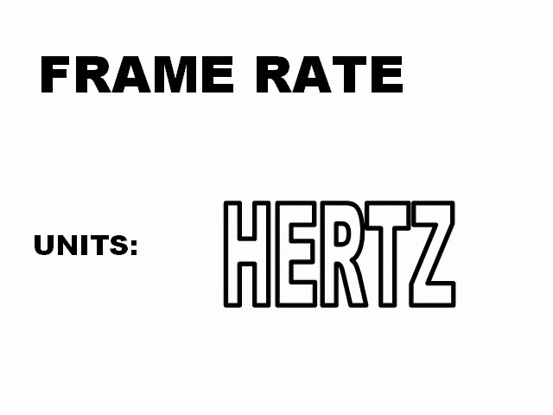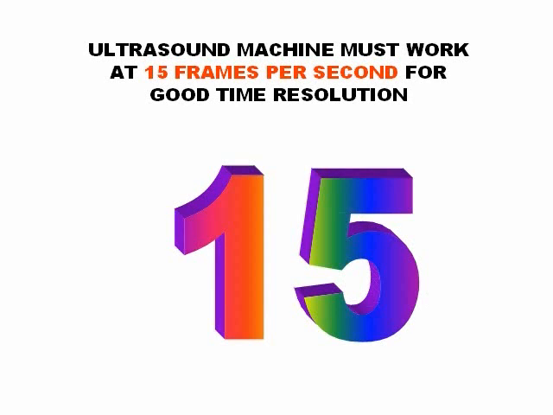The frame rate is in hertz, but not megahertz, not kilohertz, only hertz. To have a good time resolution, you must work at 15 frames per second, but working at less still makes a good picture. Only when you work at 4 or 3 frames per second can you see that the display is not good.